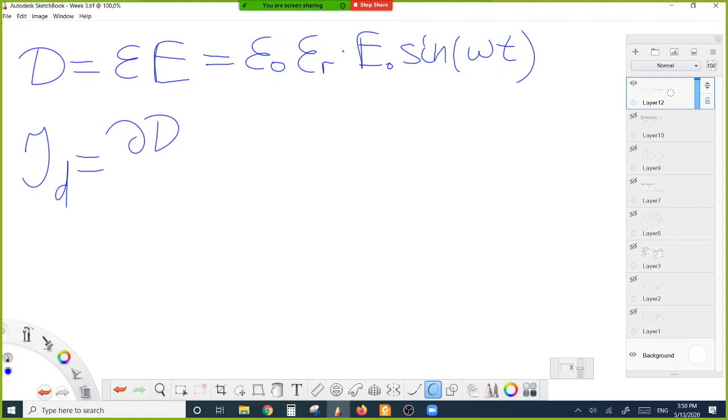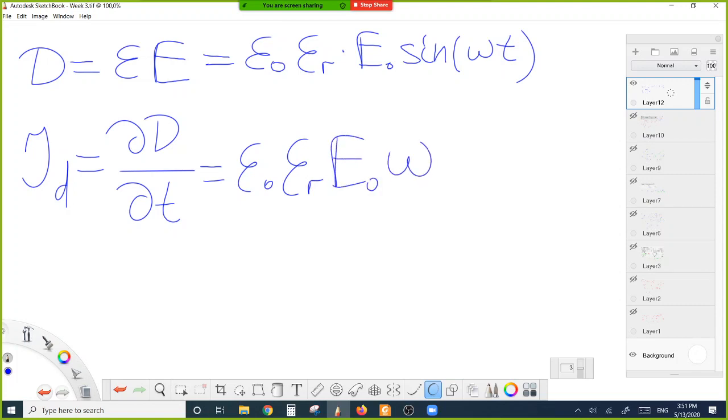So dD over dt will be equal to epsilon 0 epsilon r E0 omega cosine omega t, and we are interested in JD.